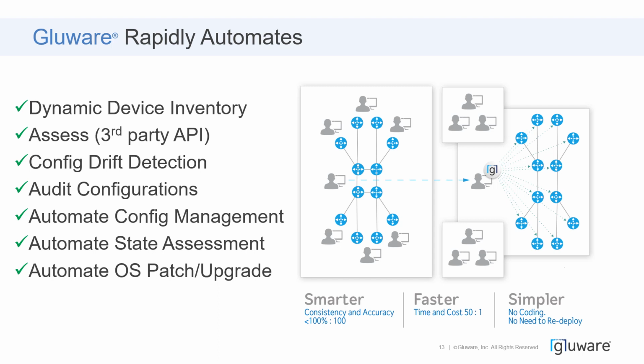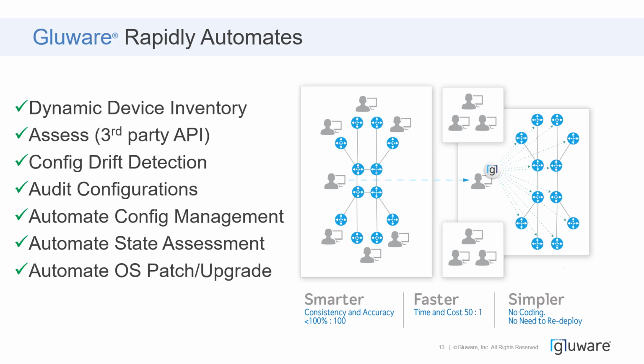Probably the bread and butter of what the Gluware engine is used for and is known for is intelligent configuration management. Newly introduced in Gluware 3.6, we have the automation of Gluware state assessment. So this is looking at operational state before and after changes, like before an OS upgrade and after, to ensure things like your BGP peers or LLDP neighbors or a particular route count are the same as they were prior to the change.